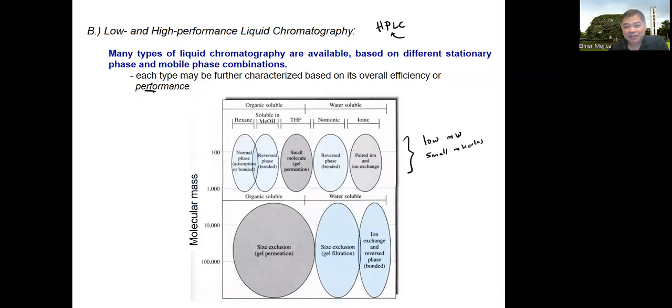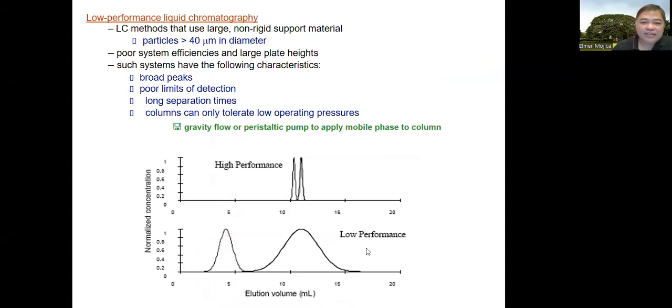Okay, so that's a very good question for a true or false question. And if you have an ionic compound that is high molecular weight, you have what we call ion exchange or the reverse phase.